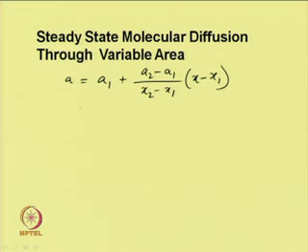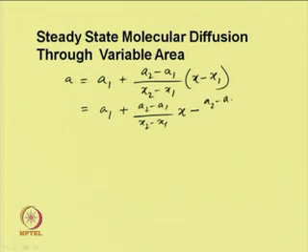So, in this case we can write this will be A1 plus (A2 minus A1) by (x2 minus x1) into x, minus (A2 minus A1) by (x2 minus x1) into x1. Now, if we differentiate, this will be dA by dx.